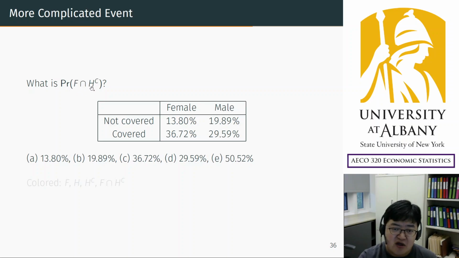F intersection with H complement. To answer this question, first try to explain, casually speaking, what this event means, then identify the outcomes that are included in this event, and then calculate the probability.